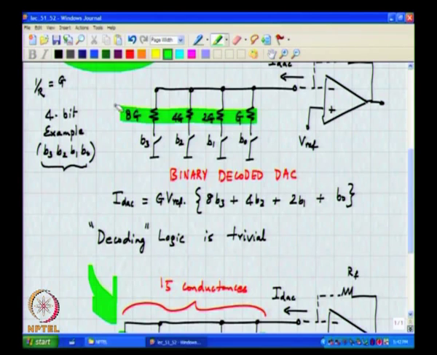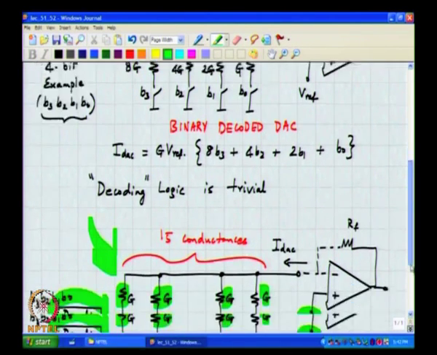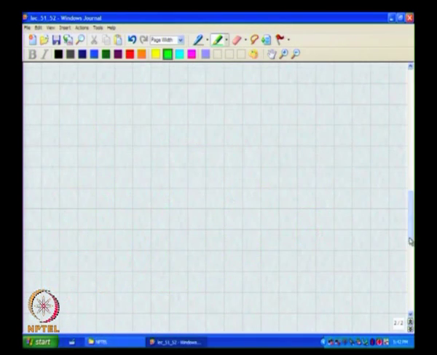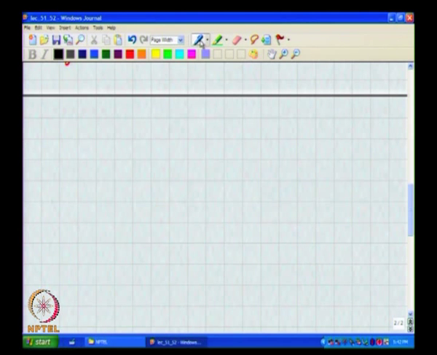Now, if G has an error, in other words with mismatch, what is happening?